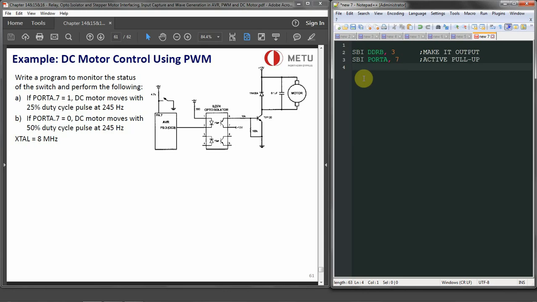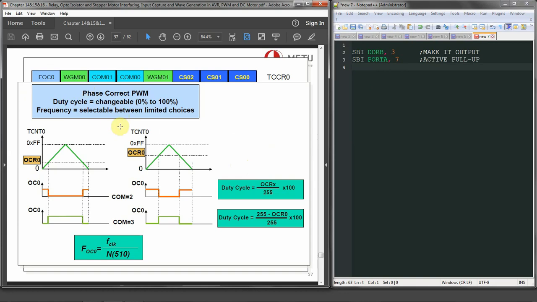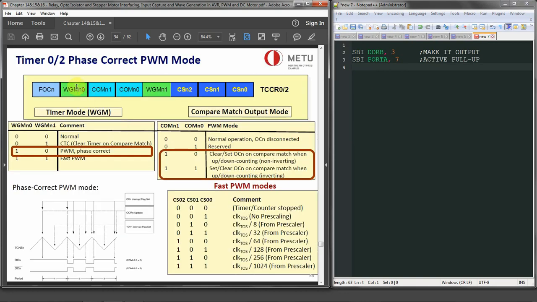Now we have to set the TCCR0 value. For TCCR0, as it's going to be phase correct, and we know the prescaler, we can go back. Now the PWM mode, phase correct, this is going to be 1, and COM1, COM0, we can have inverting or non-inverting. So let's use inverting mode, as it says we can use the inverting mode.